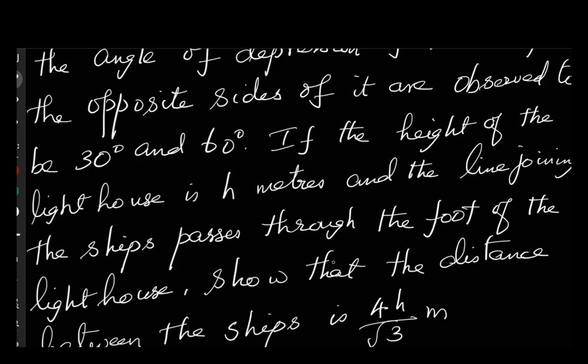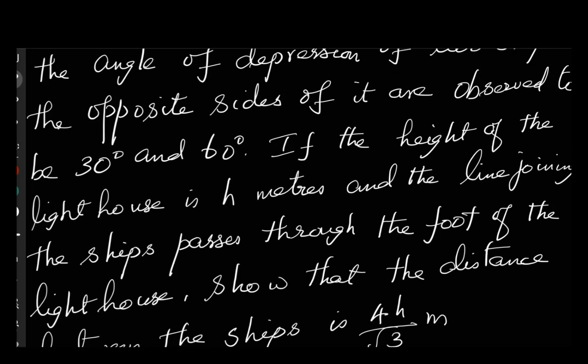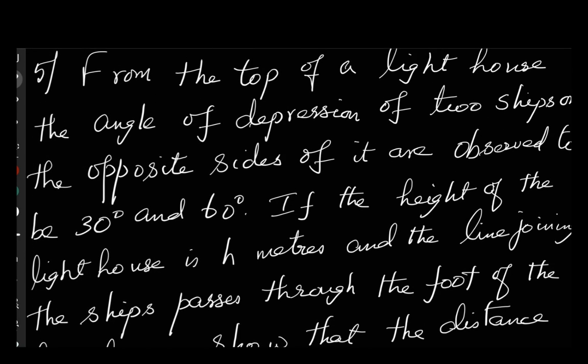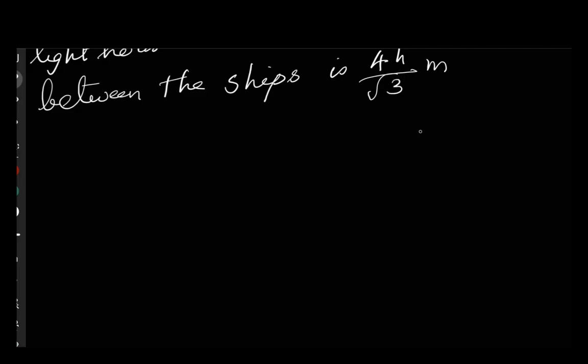See here, two ships you have, the lighthouse. From the top of the lighthouse. Actually, the lighthouse we see on the seashore. Here, lighthouse AB, whose height is given as h meter.